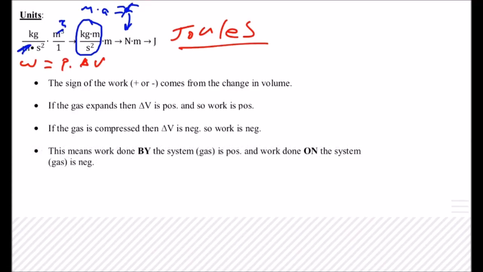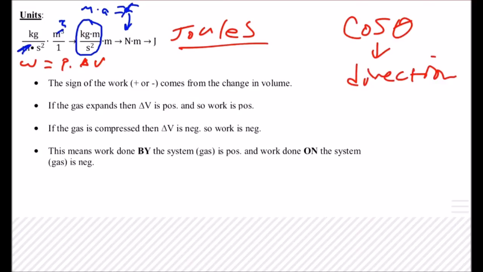Now, we took that cosine of theta out, and originally in the other work equations, cosine of theta was responsible for the direction. But we said we're not using that here, so we need a new method to come up with direction. In other words, the sign of our work. Okay, so the sign of the work is going to be based off of your change in volume part of your work equation.